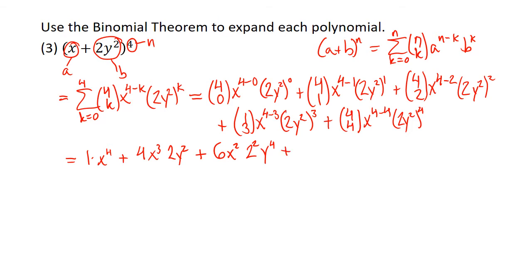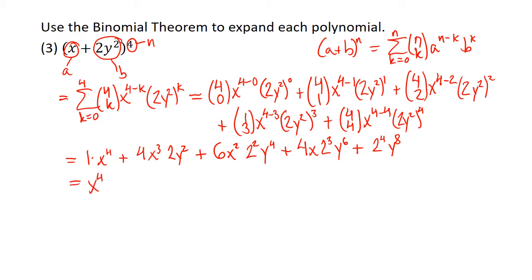All right, then 4 choose 3 is 4, and then we have x to the 1, and then we have (2y^2)^3, so the cube power is going to go on the 2, and it's also going to go on y^2 to make y^6. And then 4 choose 4 is 1, and then x^0 is also 1, and then we have (2y^2)^4, so the 2 gets the 4th power, and then the y^2 also gets the 4th power and becomes 8. All right, and then we just need to simplify a little bit everything again.